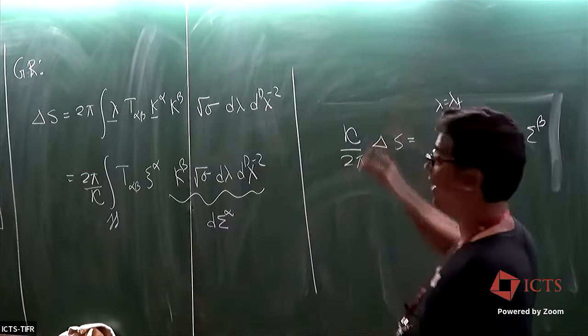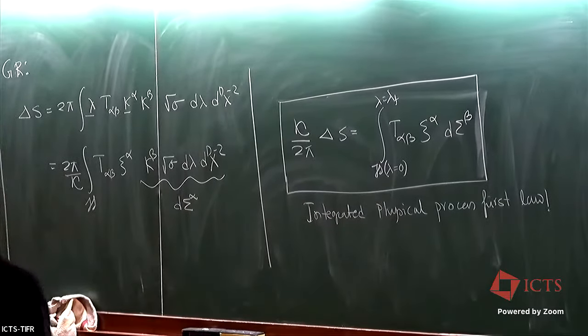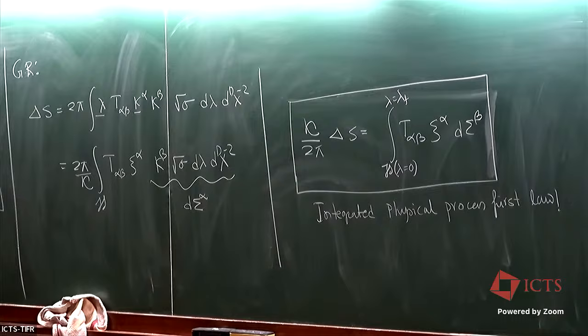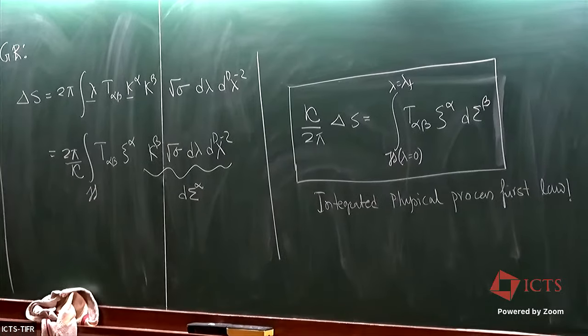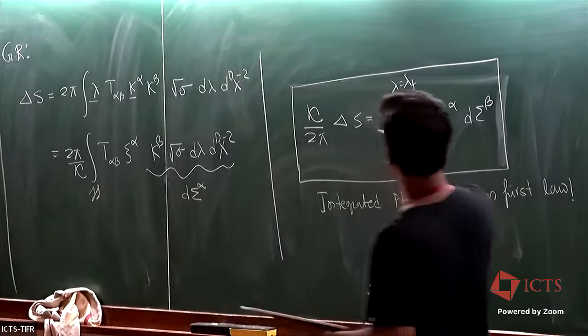Okay. What it means is that if I again interpret kappa of the background unperturbed horizon as the Hawking temperature, then what is this object? This is a kind of flux across the horizon, and therefore I can call it delta Q symbolically. Remember, for the unperturbed horizon, there is no Killing isometry. So I'm defining this flux with respect to the background Killing vector.